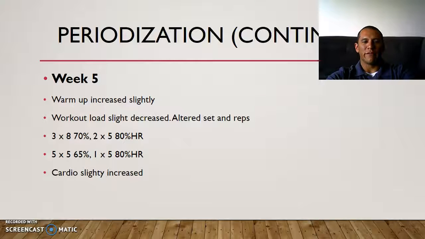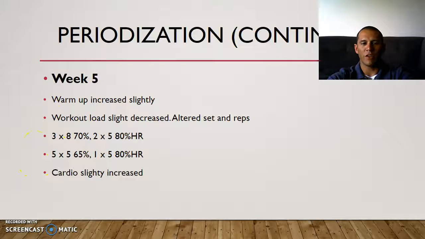All right, week 5. The warm-up increased slightly. So from a 5-minute warm-up, we might bounce up to a 7 or 8-minute warm-up. The workout load slightly decreased, so we actually jumped back a little bit. Prior week, week 4, we did 3 sets of 8 at 70% and 2 sets of 5 at 80%.